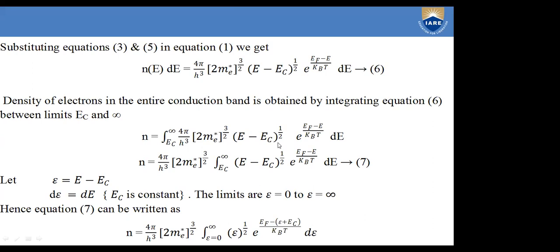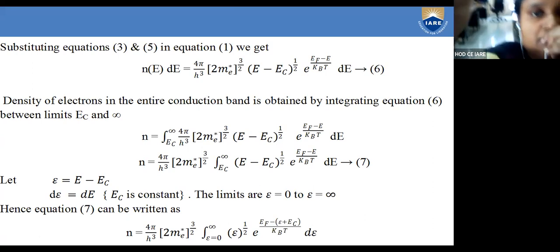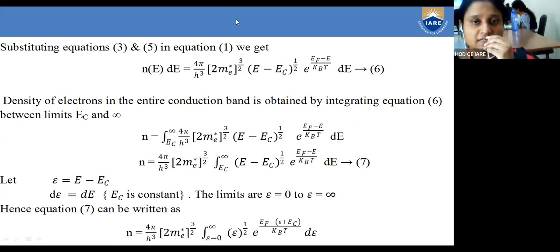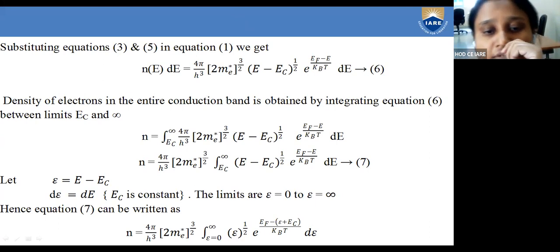What are the limits of integration? EC to infinity. EC is the bottommost energy level of the conduction band, and because the topmost energy level is undefined, we are taking it as infinity.